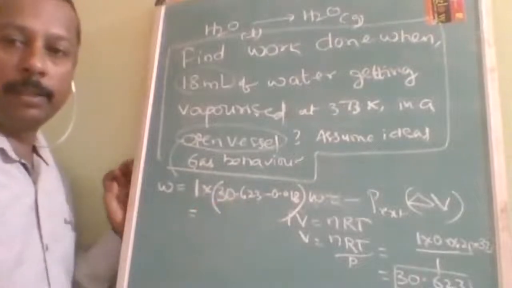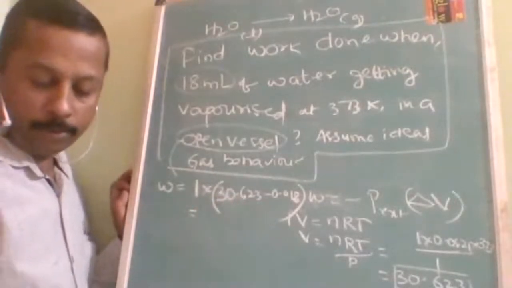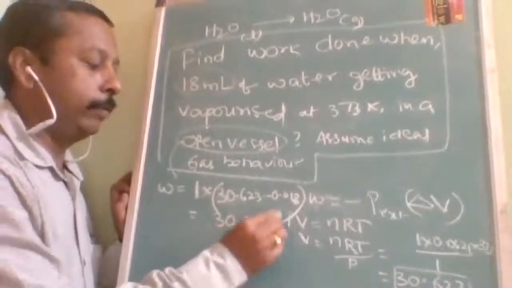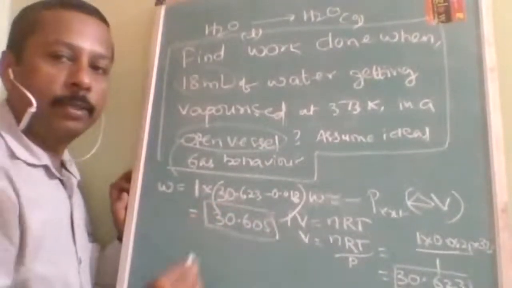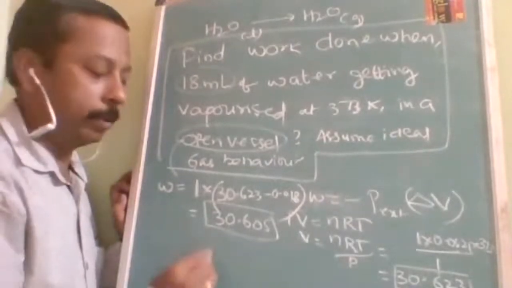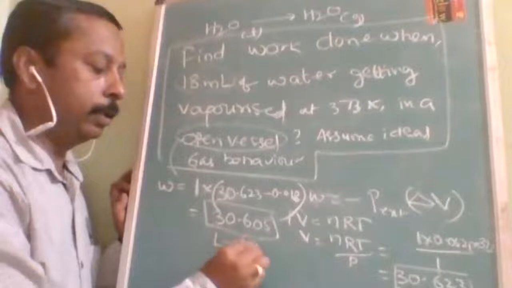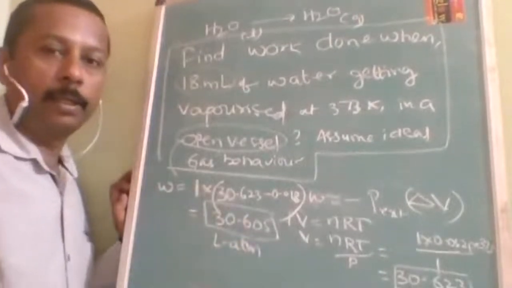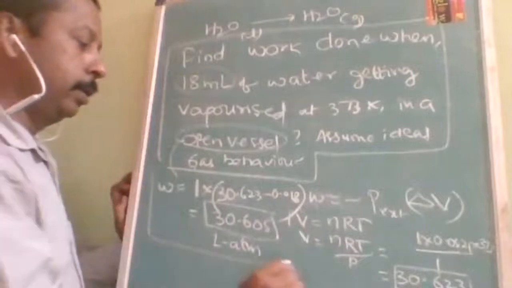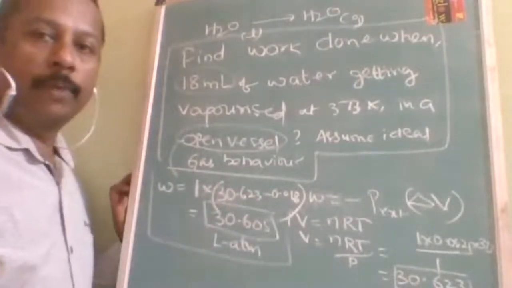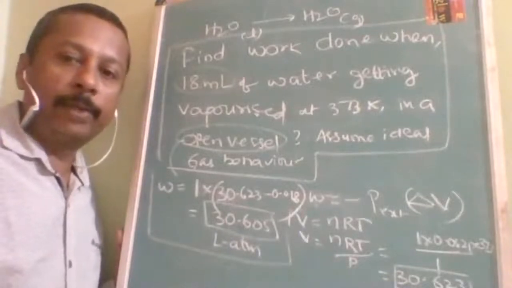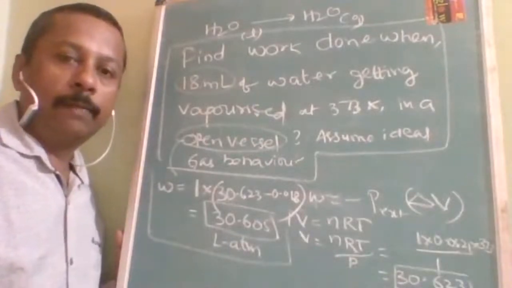On simplification, you will get around 30.605. But you should understand the units: they are in liter atmosphere. This is the work done during vaporization of 18 ml of water in an open vessel.